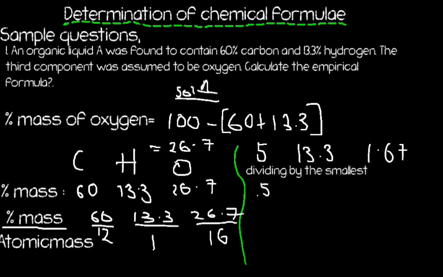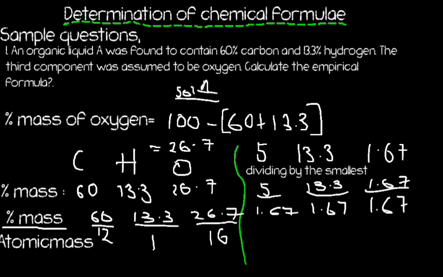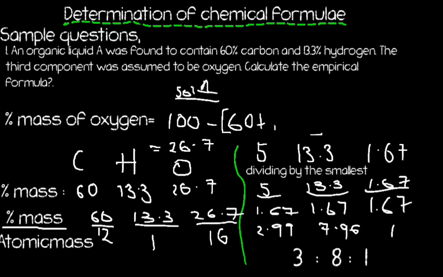Then we divide through by the smallest number, and obviously you can see that 1.67 is the smallest. So you divide by 1.67: 5 divided by 1.67, 13.3 divided by 1.67, 1.67 divided by 1.67. So we had our answer to be 3:8:1.